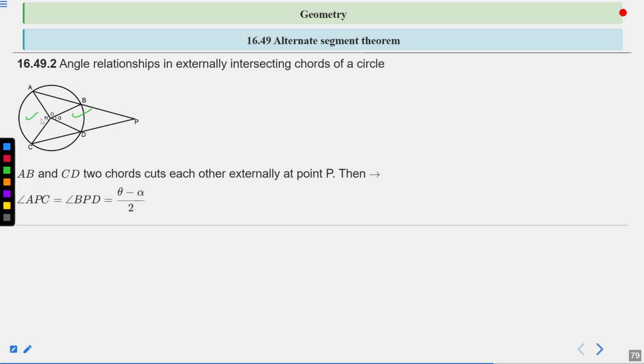So theta minus alpha by 2 gives angle BPD, or we can say APC, both are the same angle. Next one.